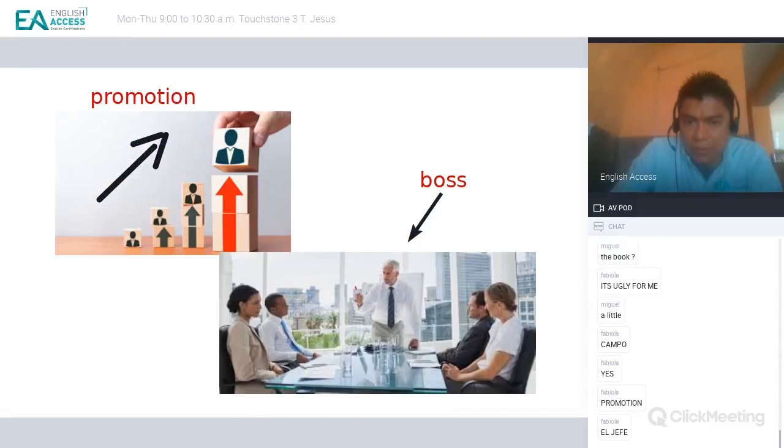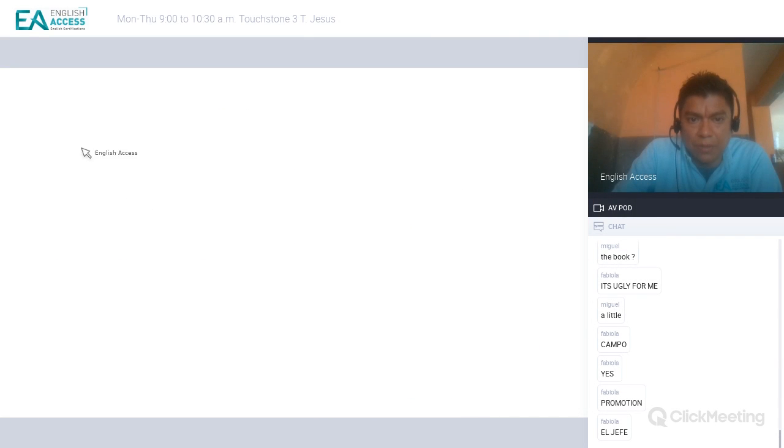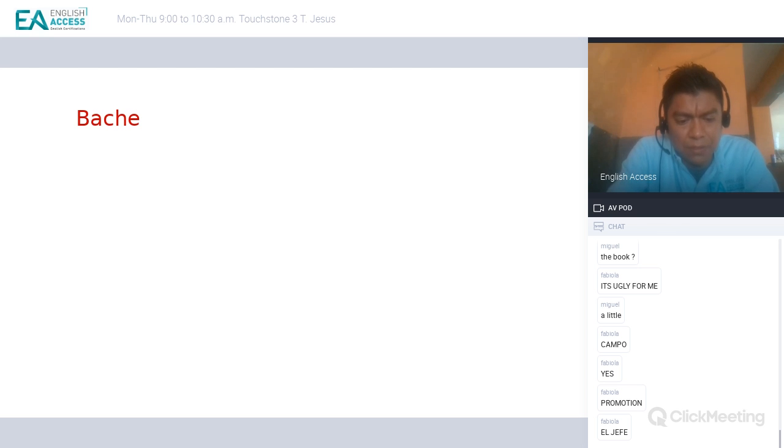But there are two levels, or actually, there are three levels. In the universities, okay, the first level you get is a bachelor's degree. Okay? After that, then you get a master's degree.